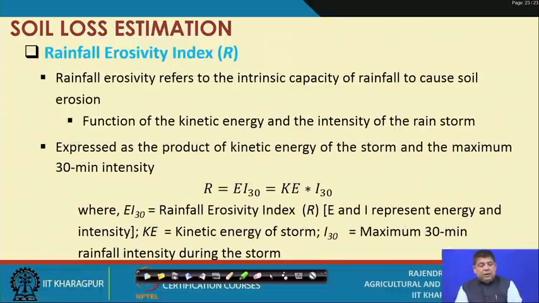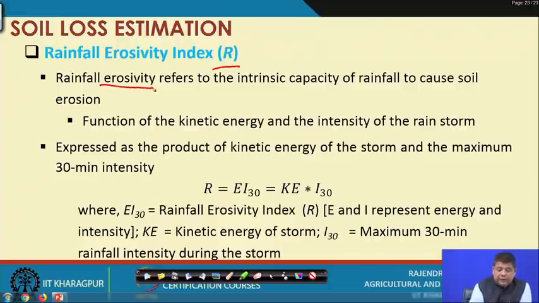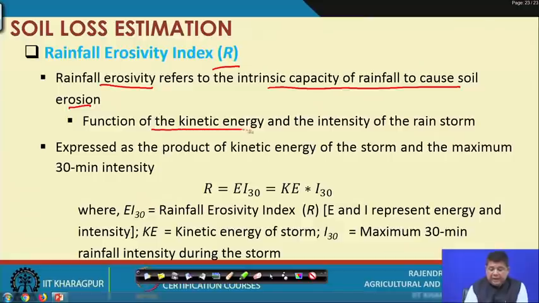Let us see the first term, the rainfall erosivity index or rainfall erosivity factor, which is designated by the letter capital R. Rainfall erosivity refers to the intrinsic capacity of rainfall to cause soil erosion, and it is a function of the kinetic energy and intensity of the rainstorm.